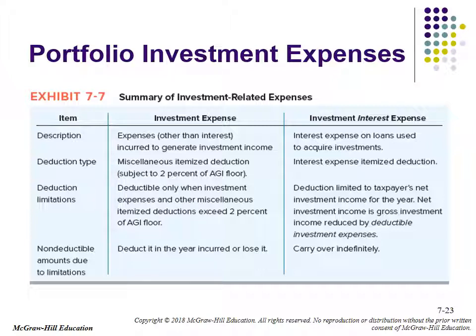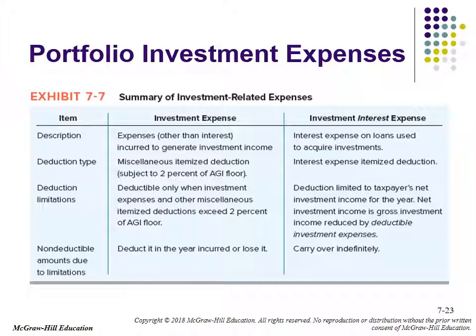The deductible amount of interest on these types of loans is limited to the amount of net investment income for the year. Now, what is net investment income? It's your interest, dividends, capital gains, minus capital losses, minus those investment expenses you took on your miscellaneous itemized deductions.